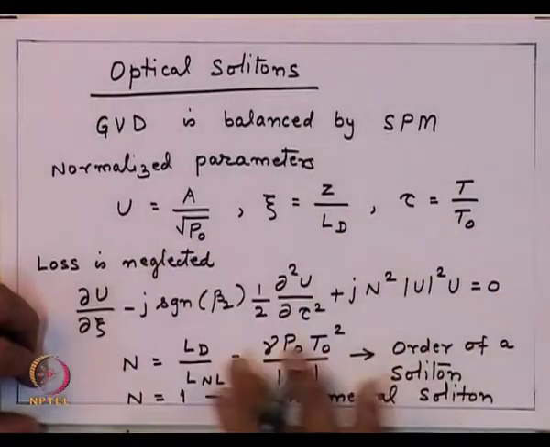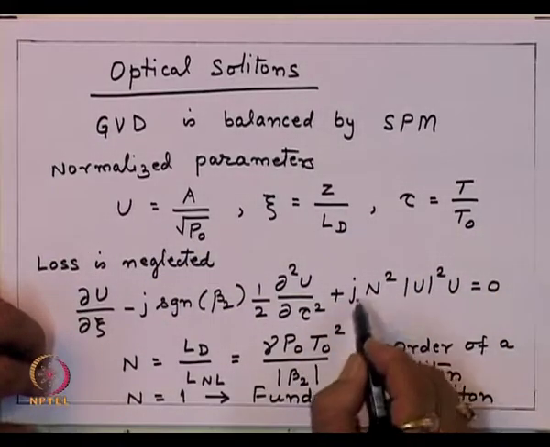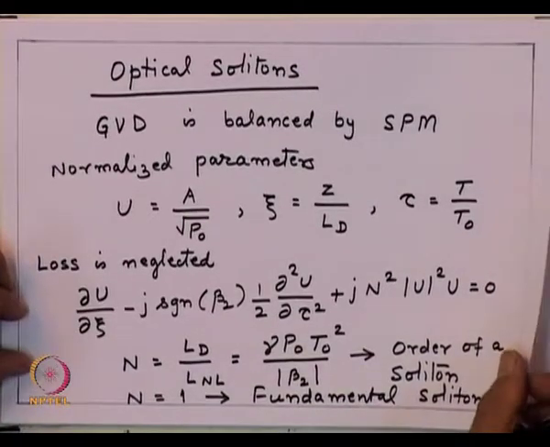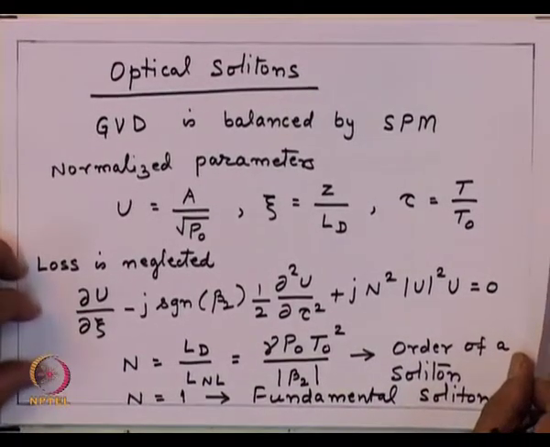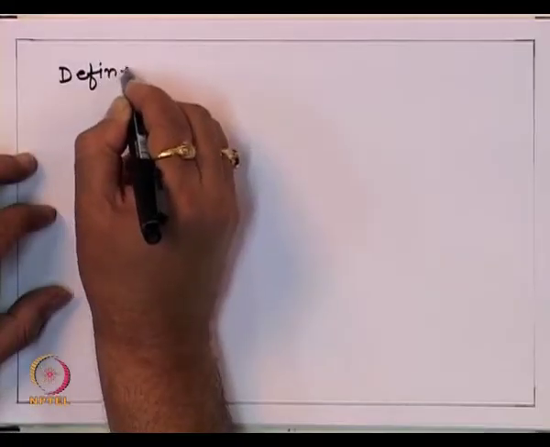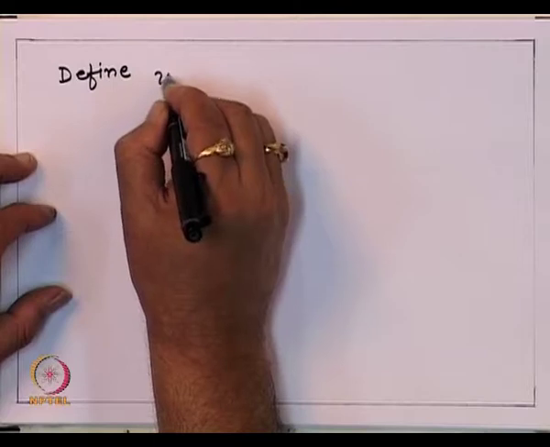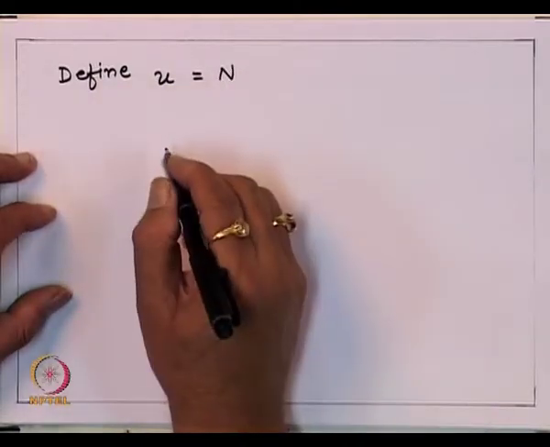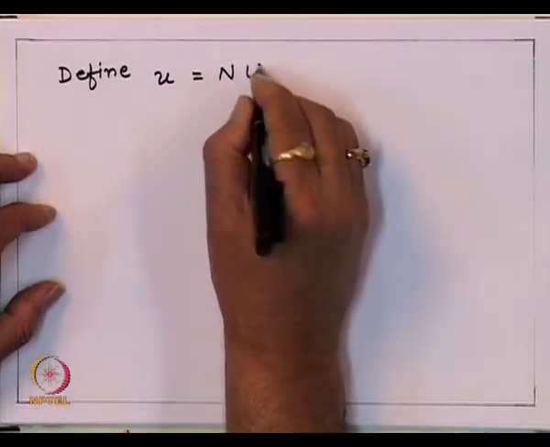Now, we can do a little more algebra to essentially eliminate N from this equation. So, let us define another parameter, some parameter U, that is this order N times u.